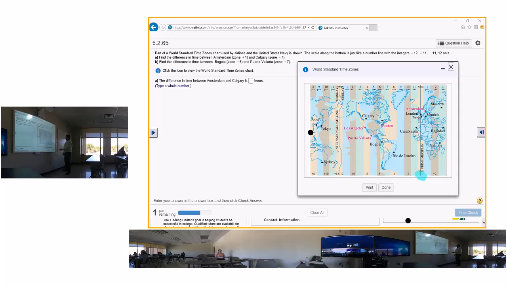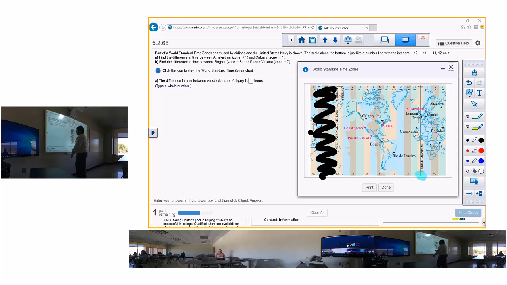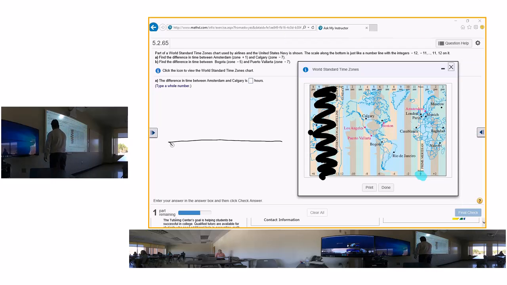I don't necessarily think they're going to ask you a question about that Sydney over there. I think most of it's going to be between here and here. But let's see what happens. Just ignore this for right now. Let's focus on this. We've got a number line that looks like this.